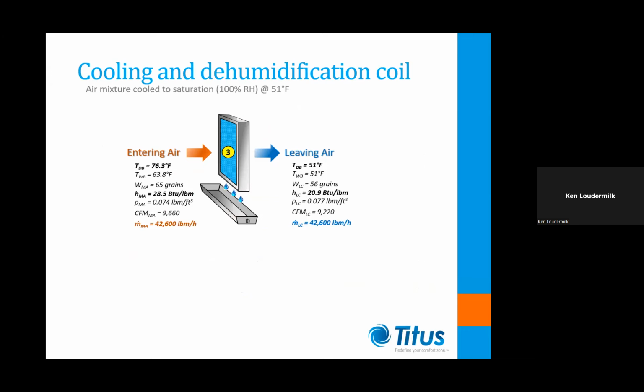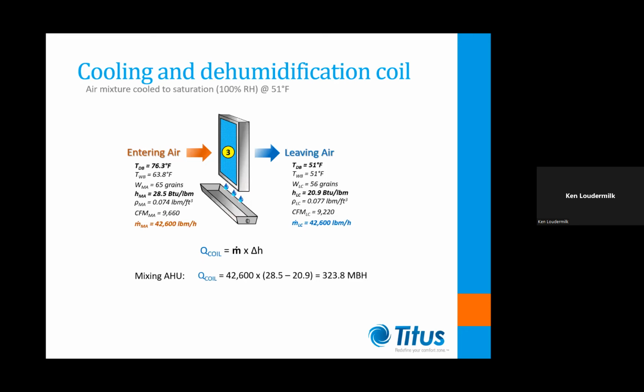The coil entering air characteristics shown on this slide represent those that occurred with our mixing type air handling unit. The energy required to obtain the leaving air conditions can be calculated using this equation, where the total cooling is equal to the mass flow rate through the coil times the mixture's enthalpy change.